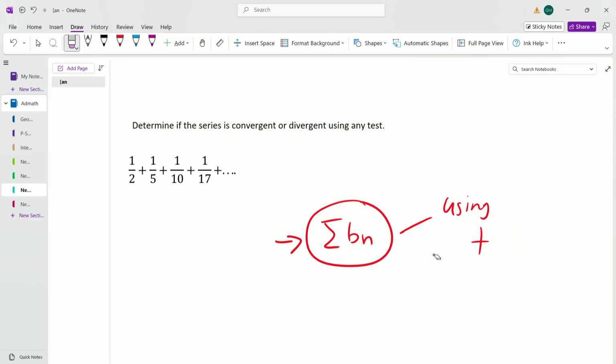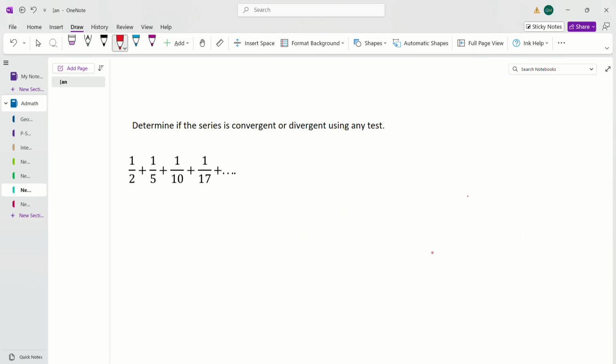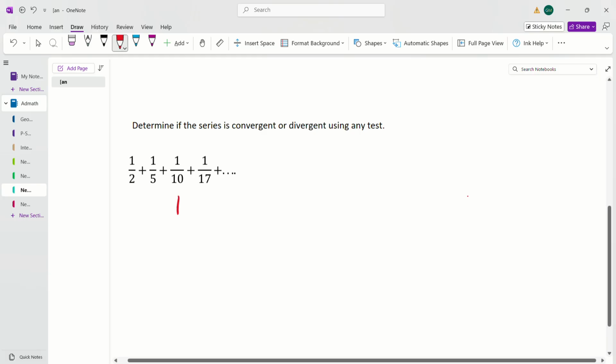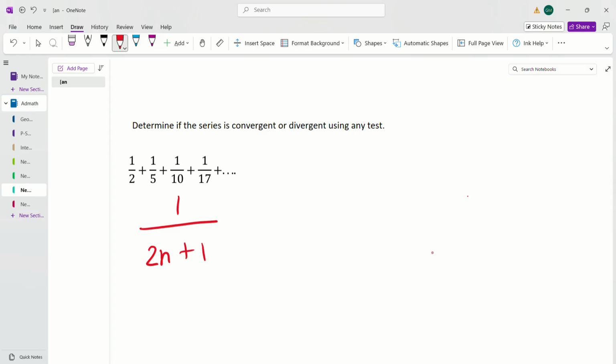So going back to our example, we have 1 over 2 plus 1 over 5 plus 1 over 10 plus 1 over 17 and so on and so forth. We must first find the general formula of this term. The general formula of this term will be 1 over 2n plus 1. That is the general formula of this series.